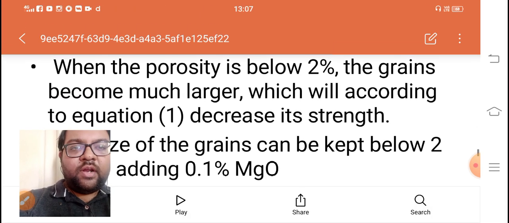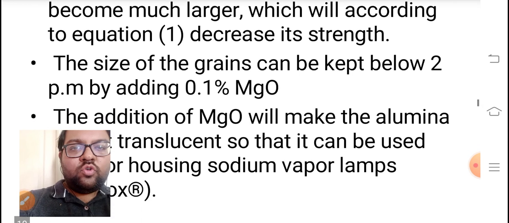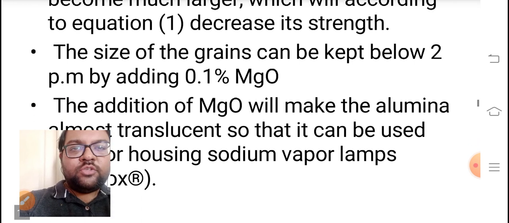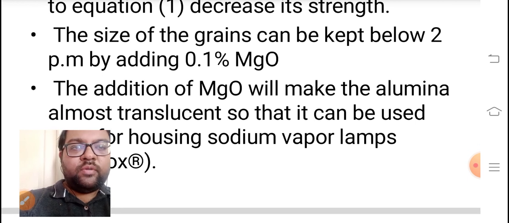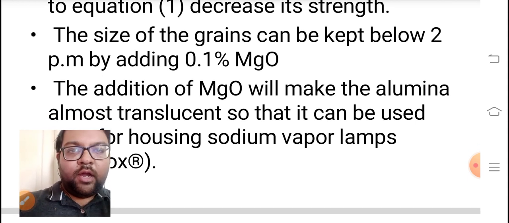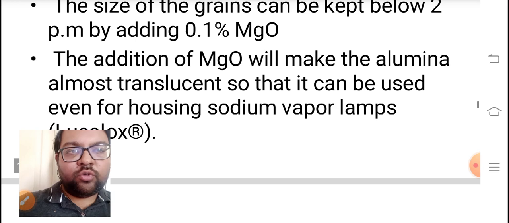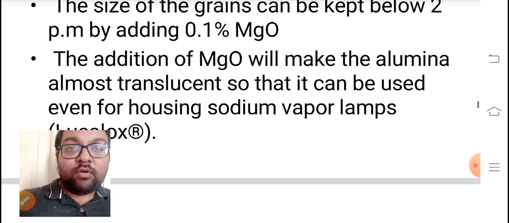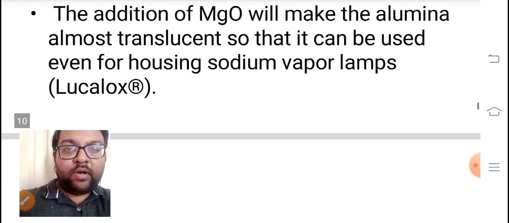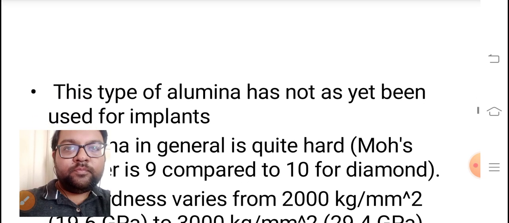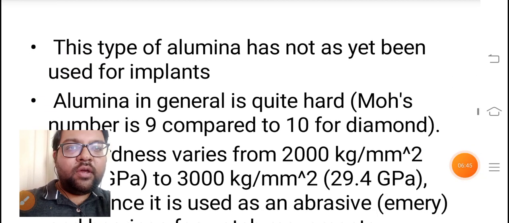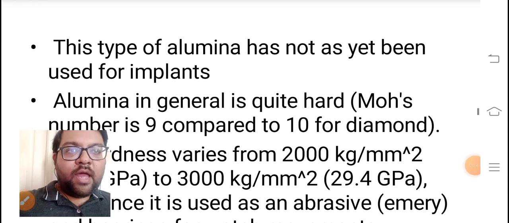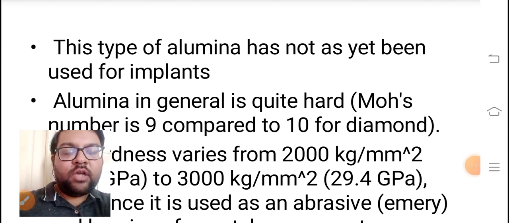The size of grains can be kept below 2 parts per million by adding 0.1% MgO. The addition of MgO will make alumina almost translucent, so that it can be used even for housing sodium vapor lamps. This type of alumina has not as yet been used for implants.